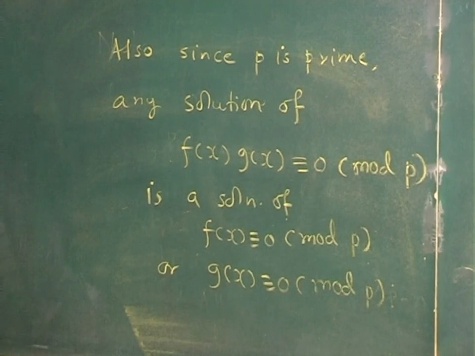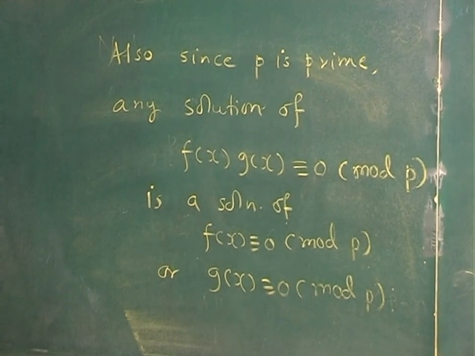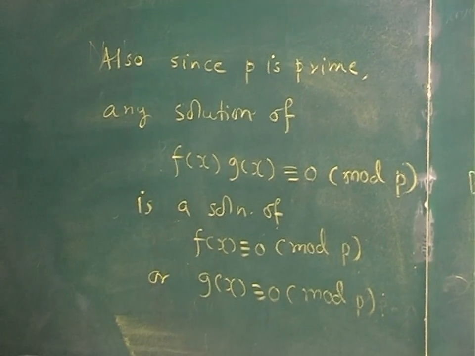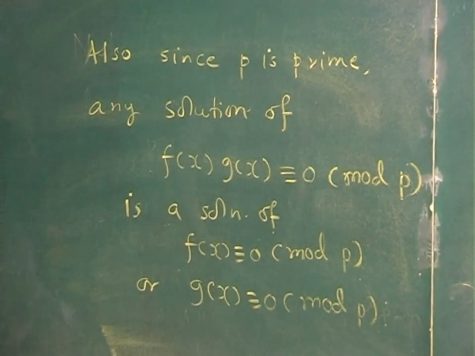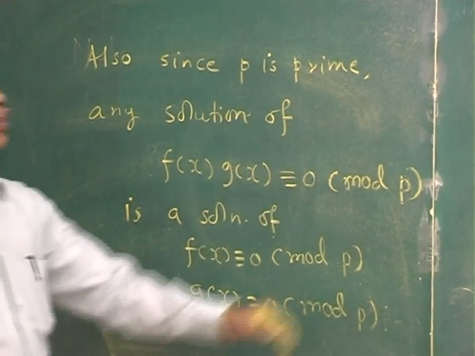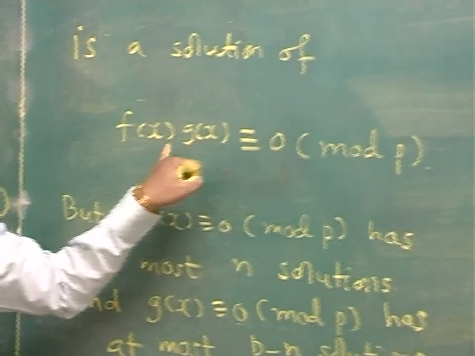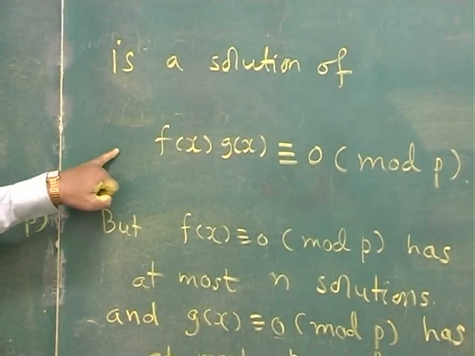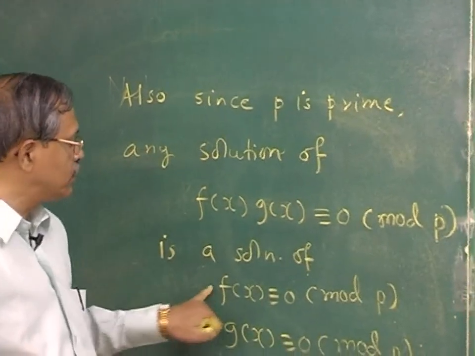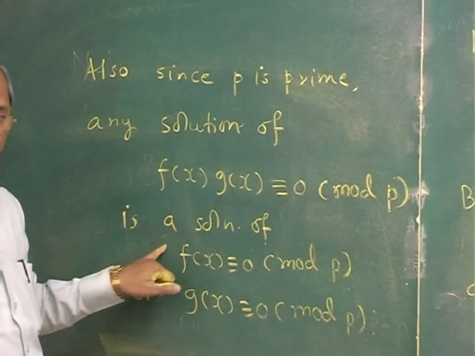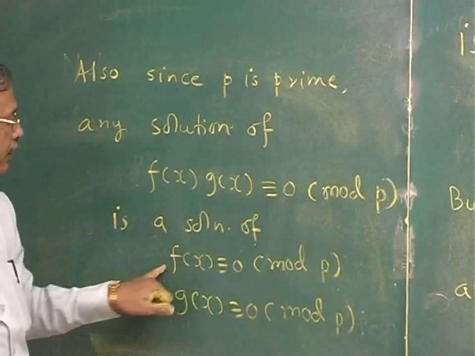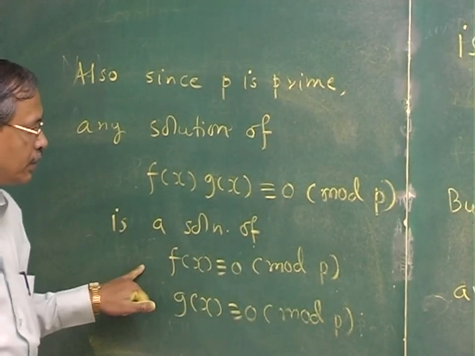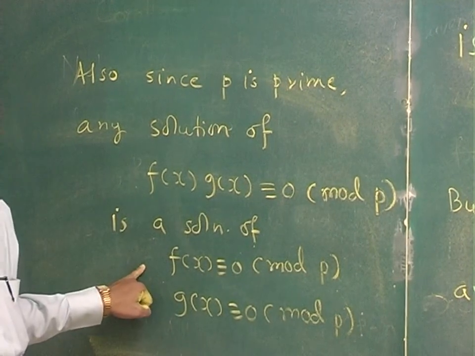Now look at the scenario. We have p solutions of x raised to p minus x congruent to 0 mod p. All these are solutions of f(x) into g(x) congruent to 0 mod p. Solutions of f(x) into g(x) congruent to 0 mod p are either solutions of this or solutions of this, because p is prime. This has how many solutions? At most n solutions.